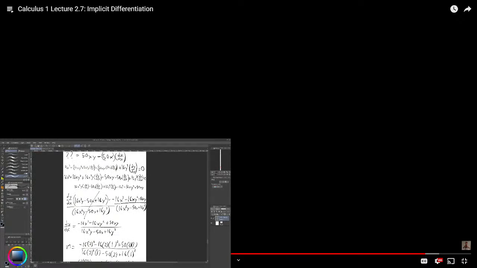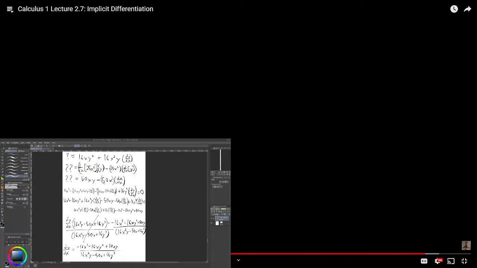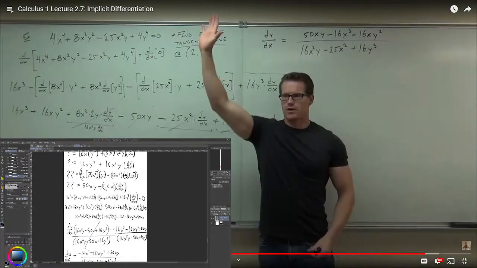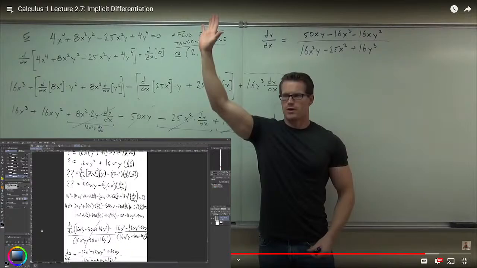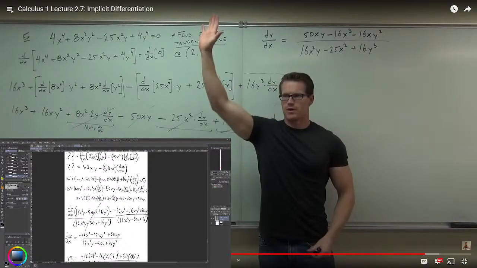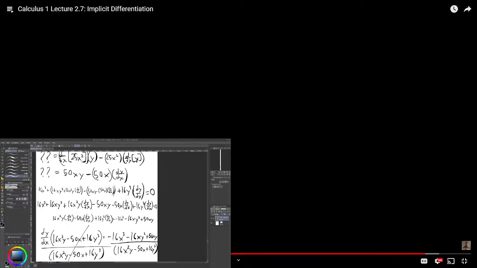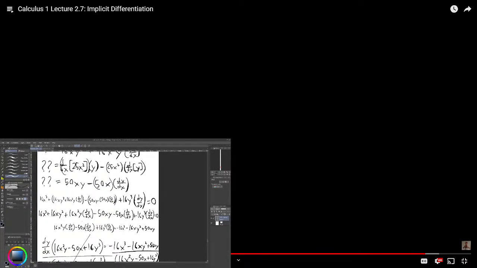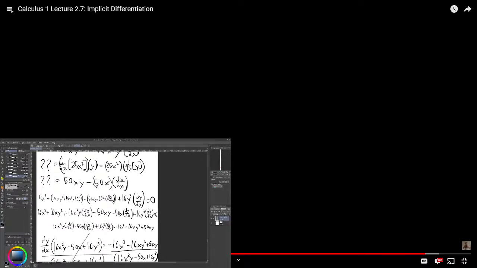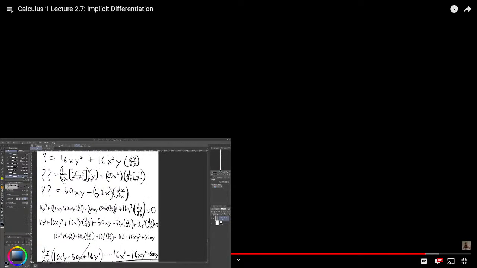Let's see, where's this from? Oh, this is the point. It's 25. See, minus 50x would have been from that. Minus 50x times dy dx.